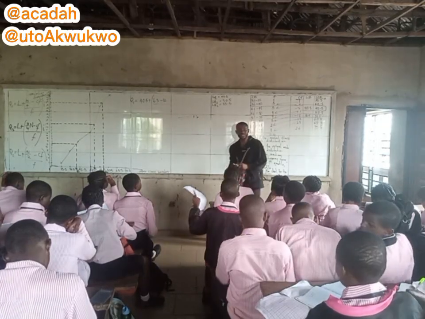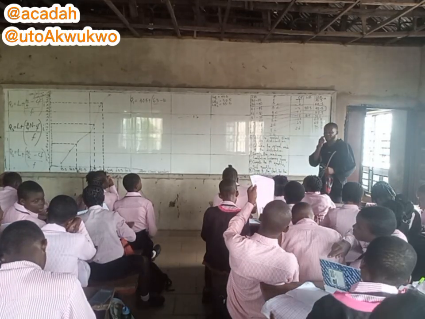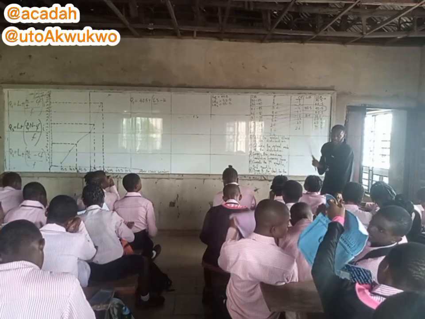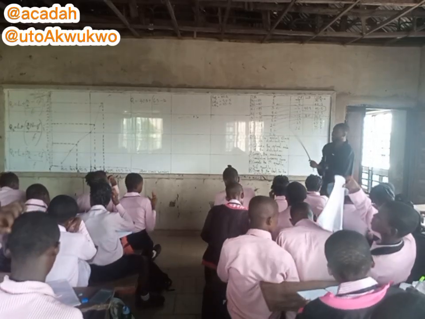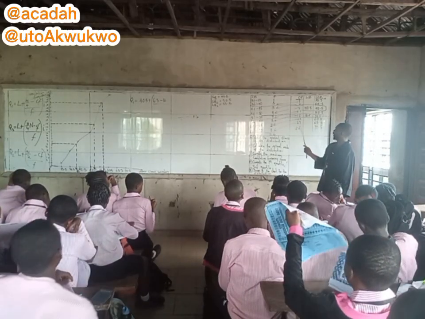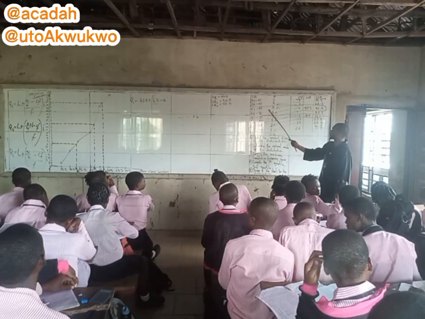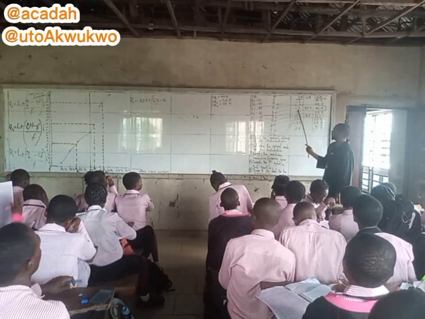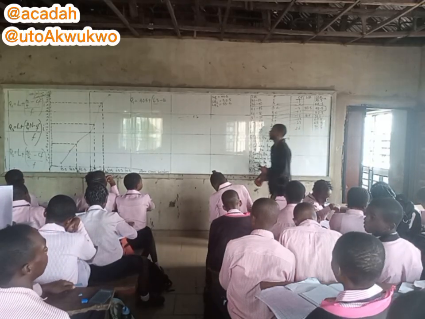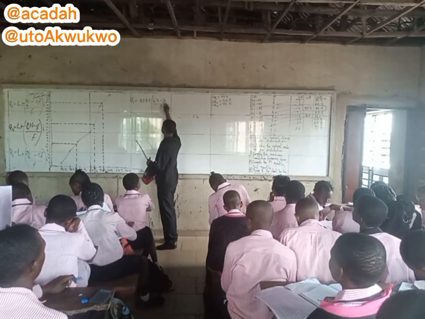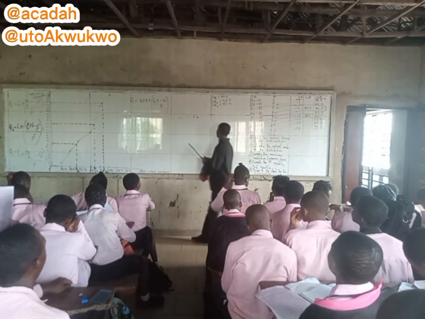The F there is the frequency of that particular class that has that Q1. So the frequency of this class is what? Is it 3? 3. All over 3. What is the class interval?